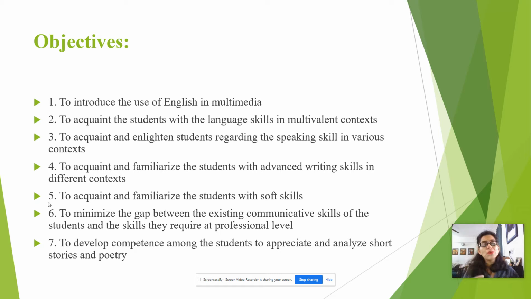So, obviously, you need to be able to use your language in a competent and proficient manner in multifarious contexts. So this is what the course aims to do, to enhance your skills so that you're able to use and show your language proficiency in all those contexts which you may come across in your life and which may prove to be useful for you.